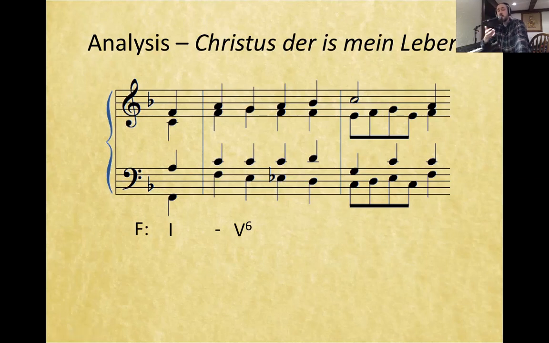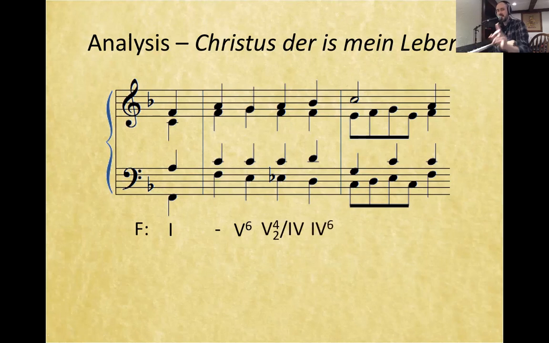And what's the leading tone of B flat? A. And if we look in the soprano here, look, we've got A resolving to B flat, right? So we think this is a 5 of B flat chord. What's B flat in the key of F major? It's 4. So we've got a 5 of 4 going to 4/6.